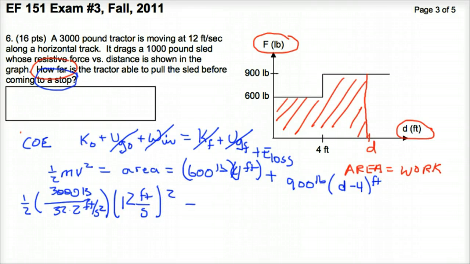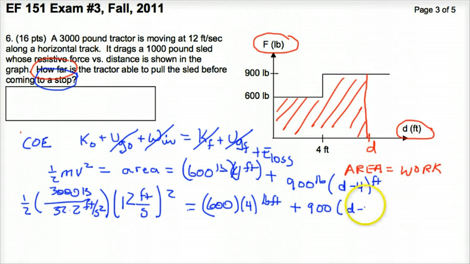Okay. Is equal to 600 times 4 pound-feet plus 900 times D minus 4 pound-feet.